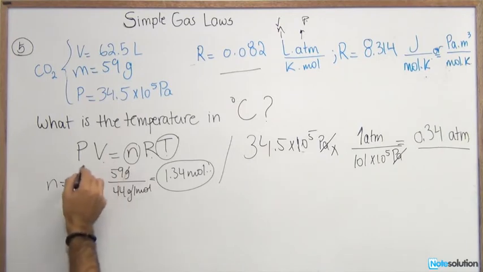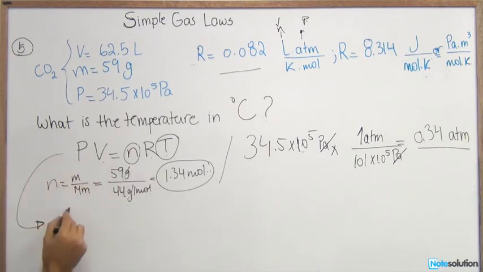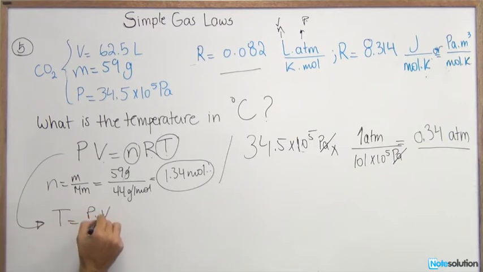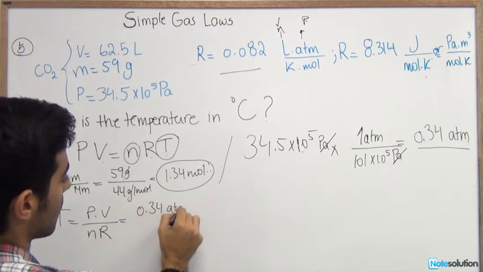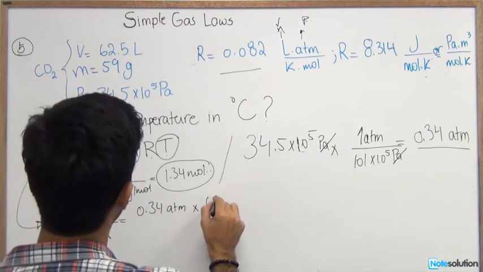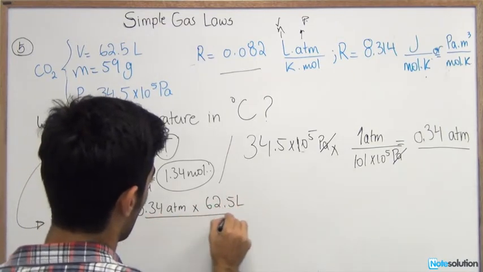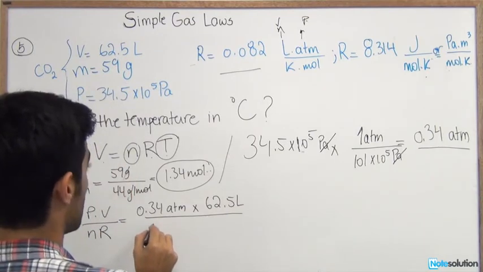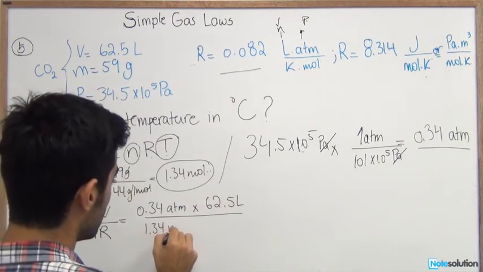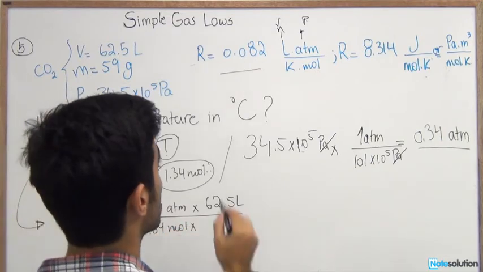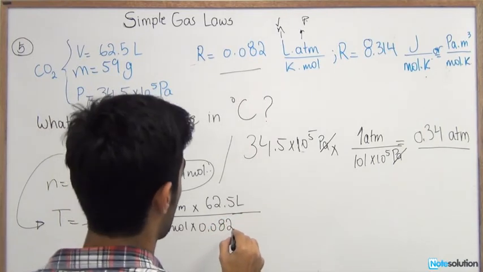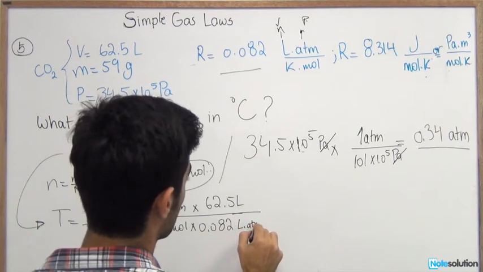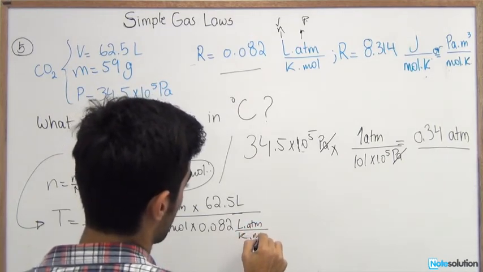If you reorganize this formula, you get T equals PV over nR. Do the calculations. P was 0.34 atmosphere times the volume, which is 62.5 liters, over the number of moles, which turned out to be 1.34, times the R, and we said we're going to use this R, 0.082 liter atmosphere over Kelvin mole.